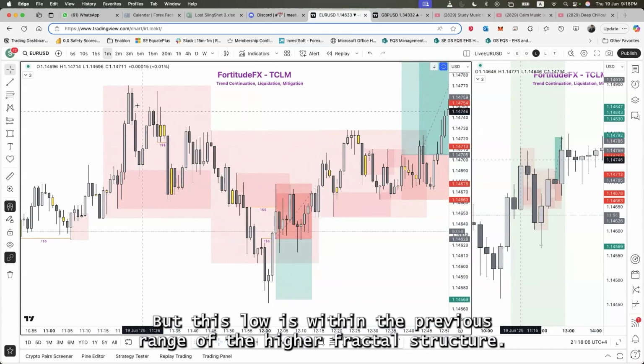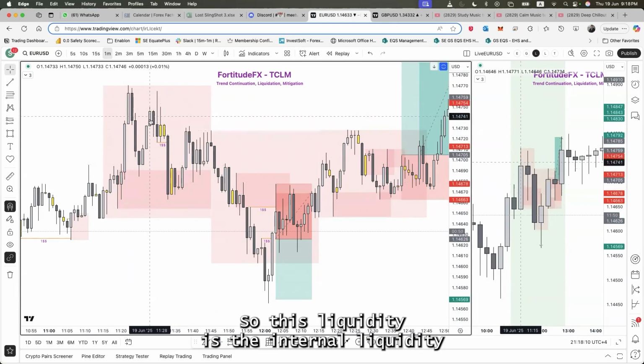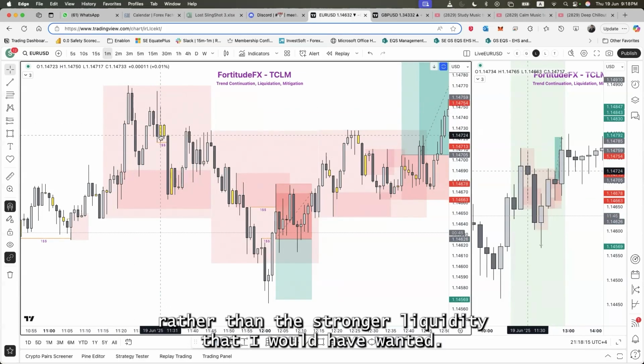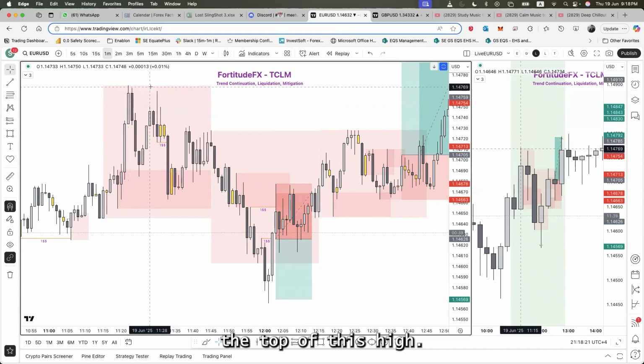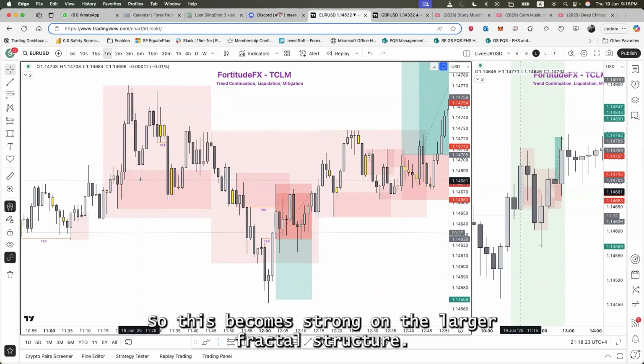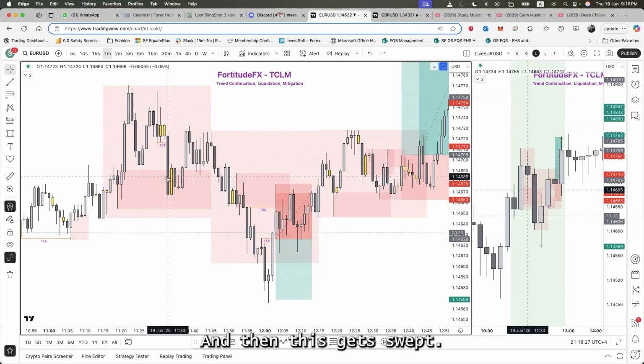But this low is within the previous range of the higher fractal structure. So this liquidity is the internal liquidity rather than the stronger liquidity that I would have wanted. The stronger liquidity would have been what? This low breaking the top of this high. So this becomes strong on the larger fractal structure, and then this gets swept.